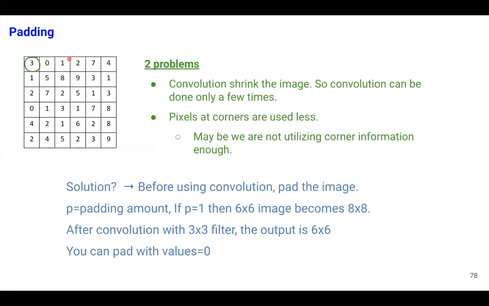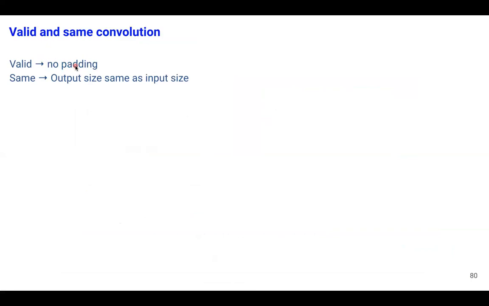Then we discussed padding. You can choose to use zero padding, which means no padding, which has the name valid convolution. So valid means no padding.